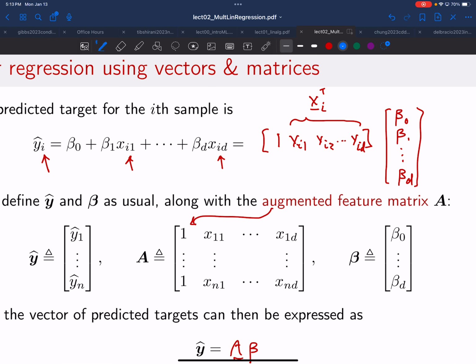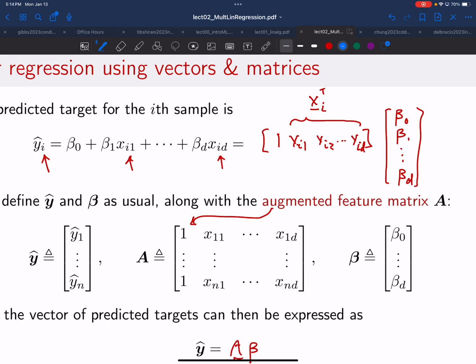If I look at the ith target, that is this inner product between the features for example i and the coefficients. It starts out as a row vector, like a row of this matrix. But here I'm taking that row and making it a column, because here there's a transpose, and there, there's no transpose.